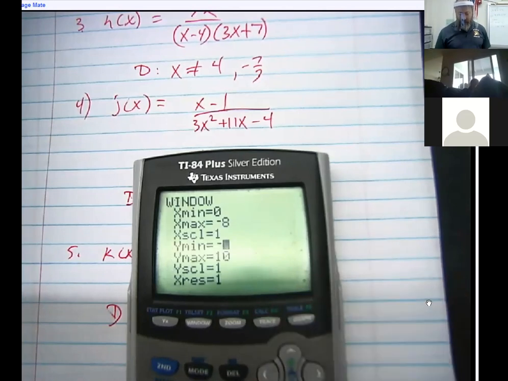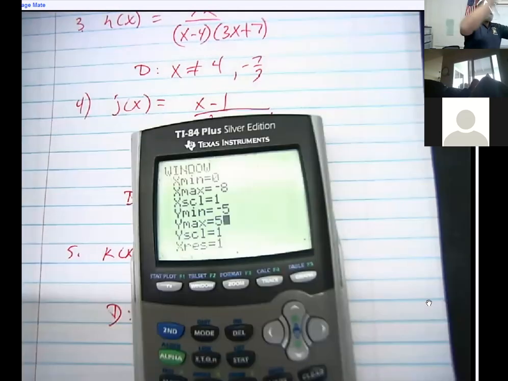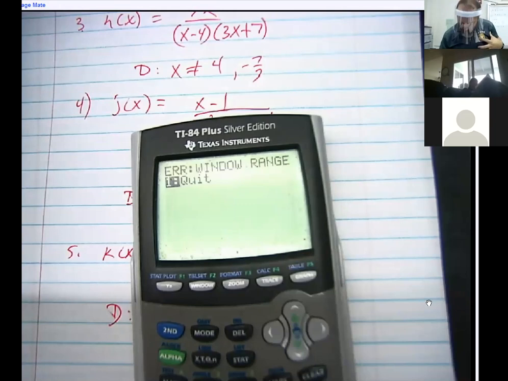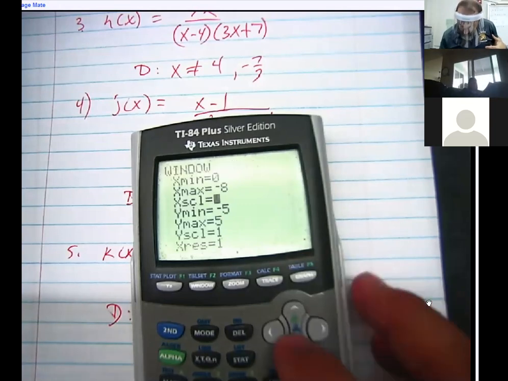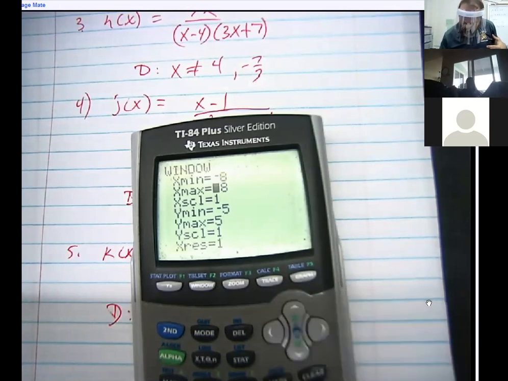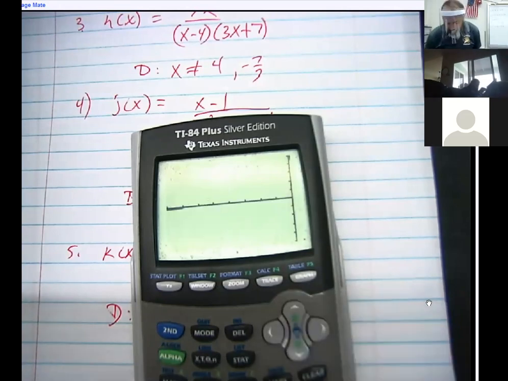Now, I know that you might be a little bit unsure why I'm picking the window that I'm picking, but because the problem happened at -4, I made -4 right in the middle of 0 and -8. Okay, and I just know on my calculator functions. And watch what happens. Oh, you bugger. -5 to 5, 0. Oh, because it should be -8 and 0. Sorry about that. Okay, here we go.